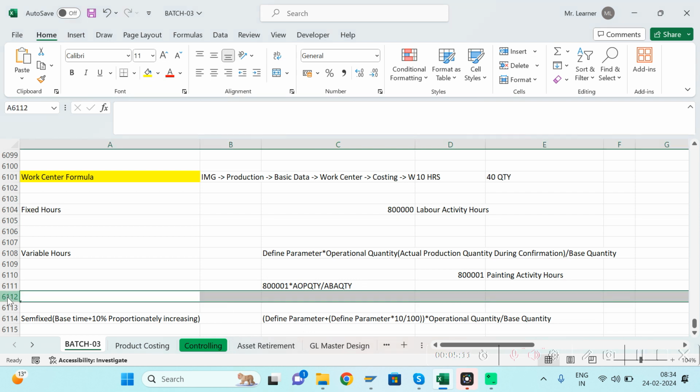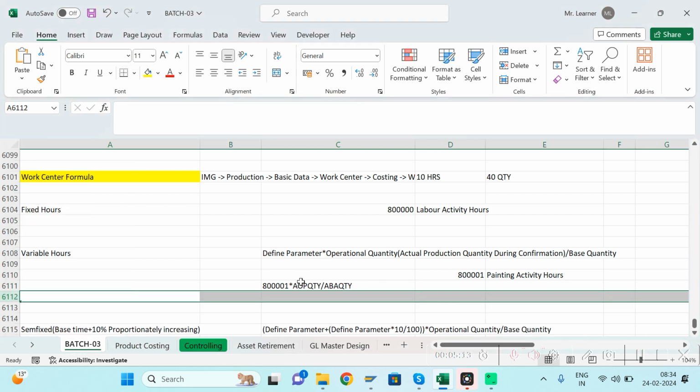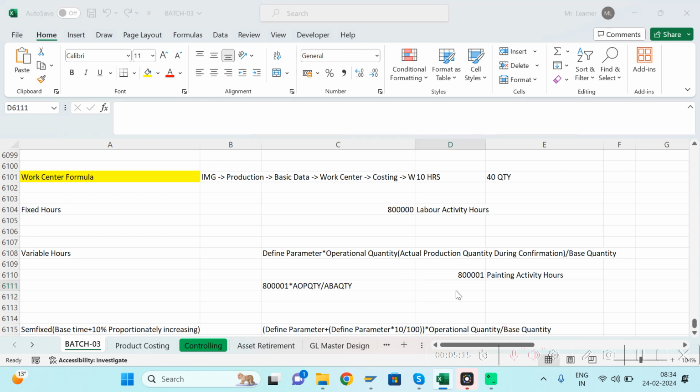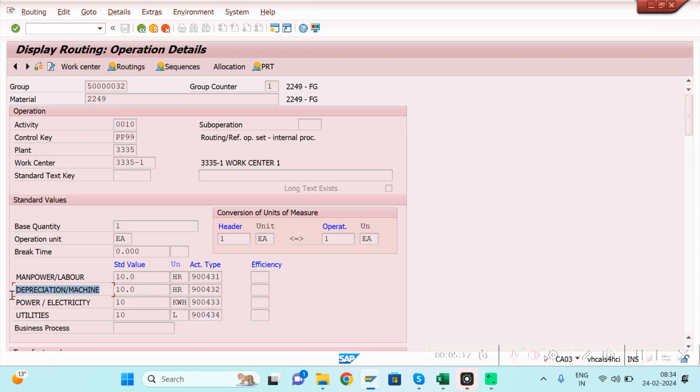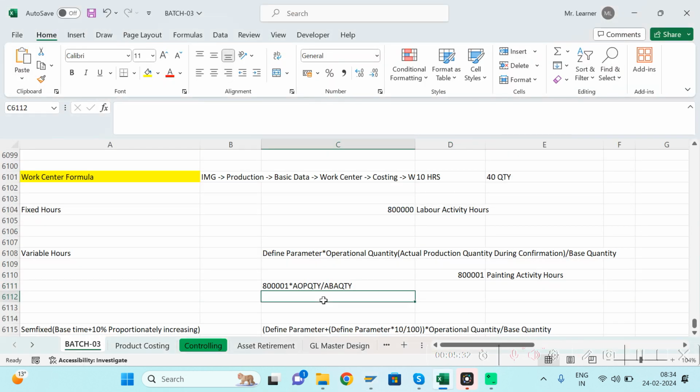So assume in this scenario, let's assume this is your painting activity and you are telling 10 hours to produce one quantity. You are telling I need 10 hours. Let's say in real you produced 100 quantity, so how many hours will it calculate? It will calculate like this.